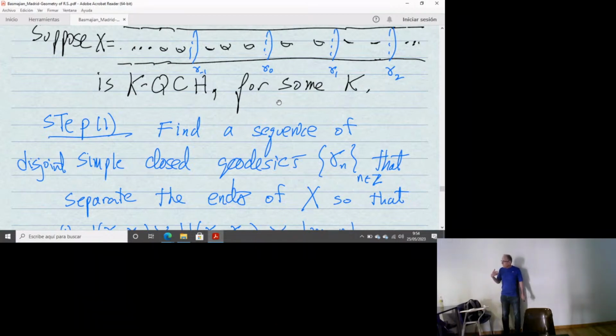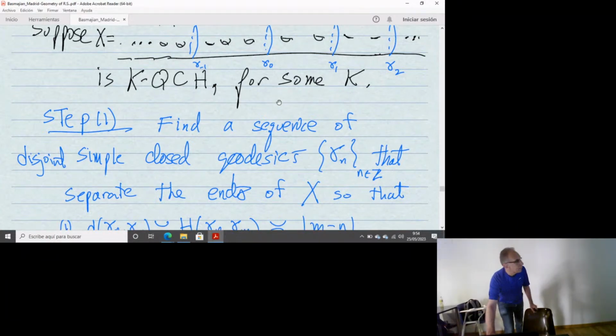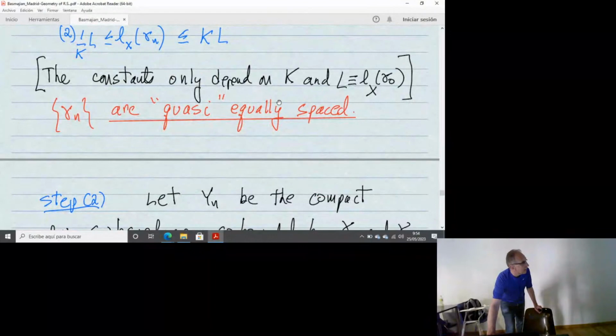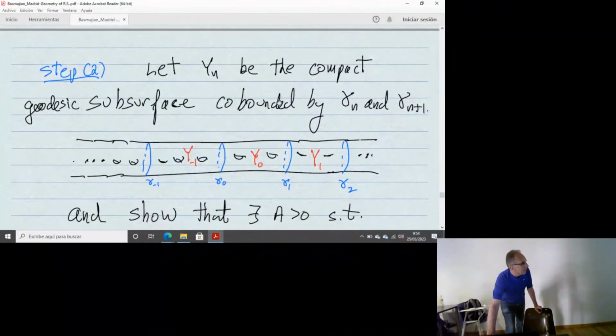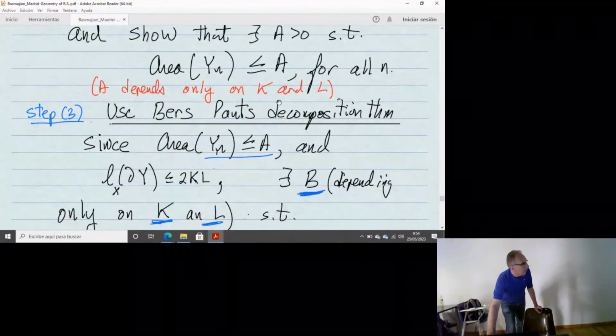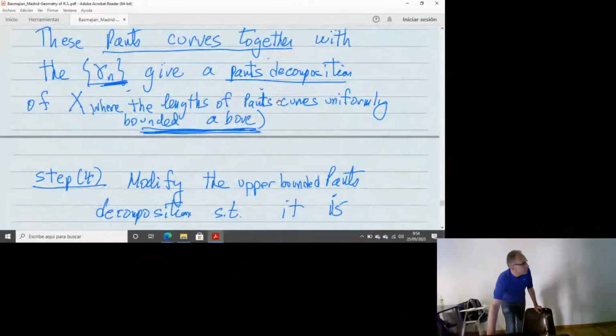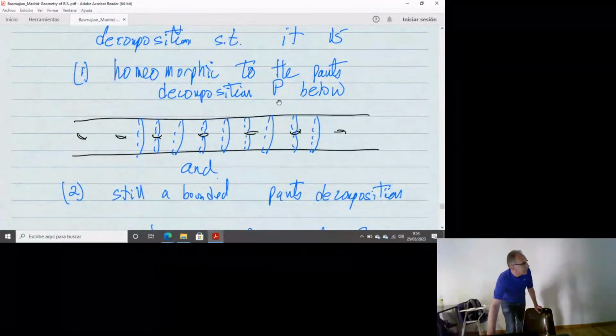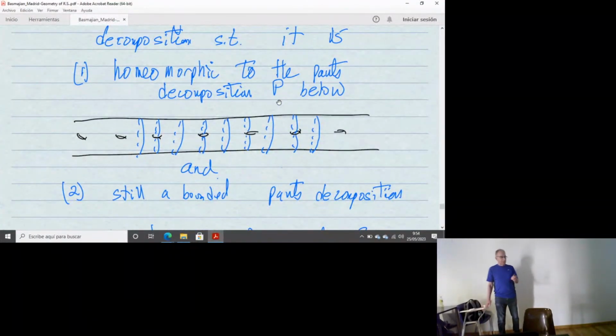And then you have to refine that Pants decomposition to get to the last step. I'm just skipping over a little bit of stuff. To get to a Pants decomposition like this, where the Pants curves are bounded, now you can see these geodesics are all independent of each other.